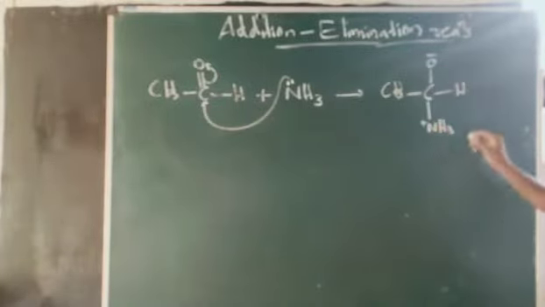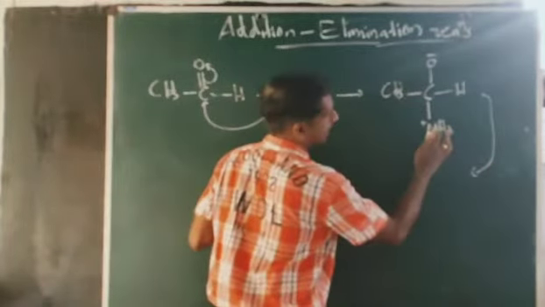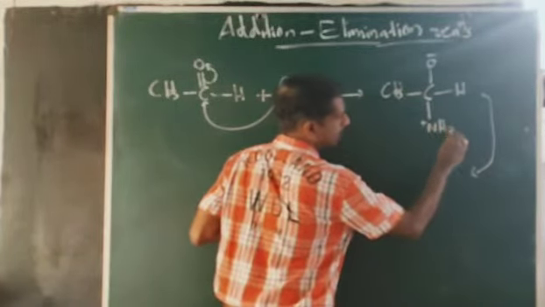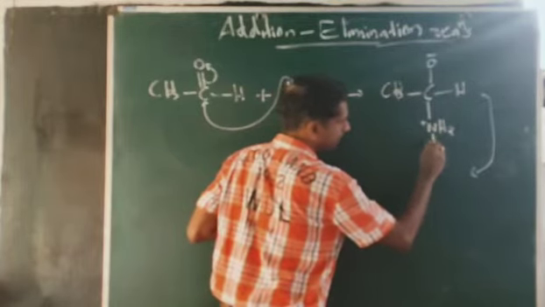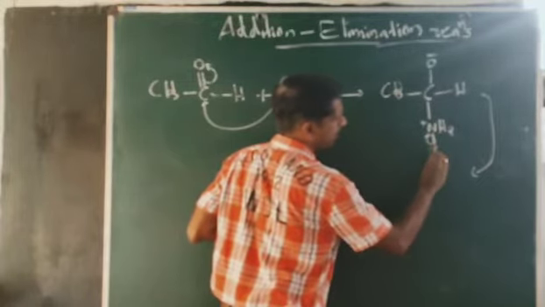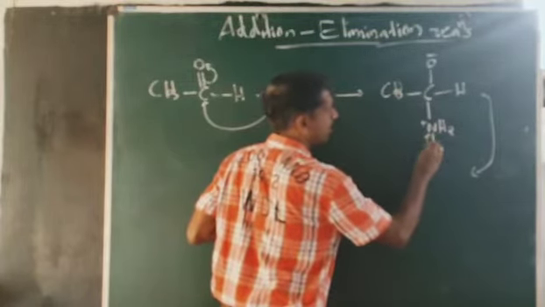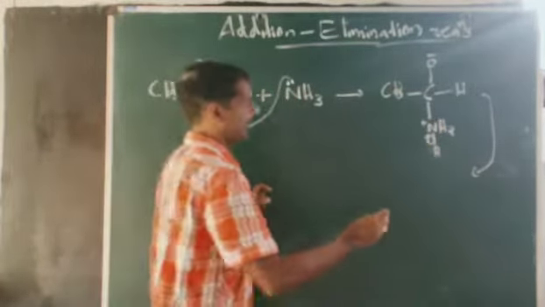Now in the next step, NH3 plus can be written as NH2H. For stability, what will happen? This bond, this pair of electrons, will go back to nitrogen. So the positive charge is removed.